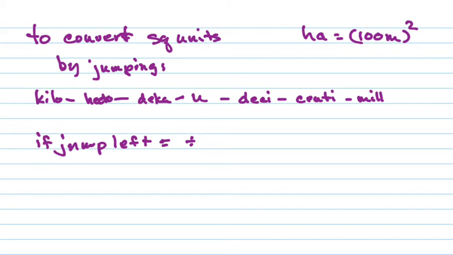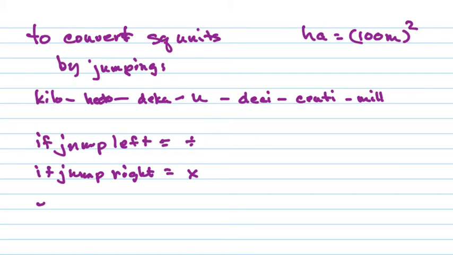The amount of things you have is getting smaller, even though the units are getting bigger. If you jump to the right, then the number of items you have is getting bigger, even though the units are smaller. So that's when you're going to multiply, right?